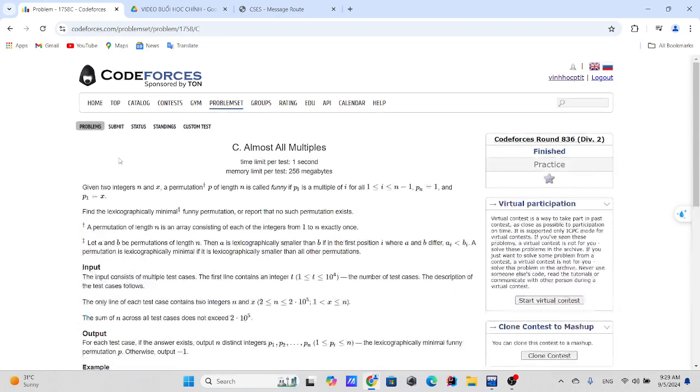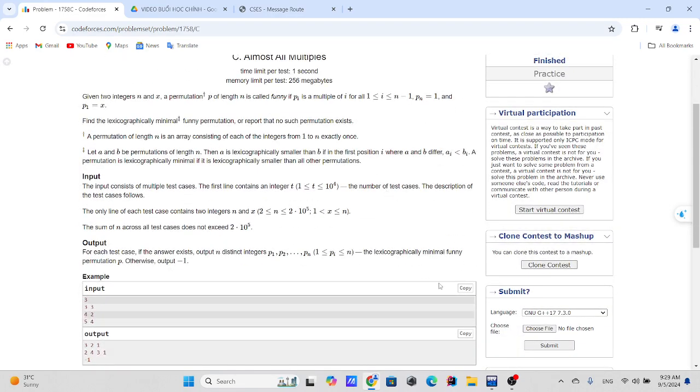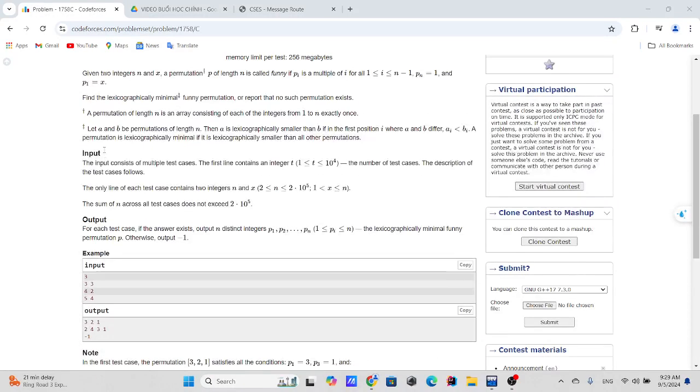Read the test case. Okay, given two inputs, n and x, right? A permutation p of length n is called funny if every element is a multiple of its index. Find the lexicographically minimal funny permutation or report that no such permutation exists.